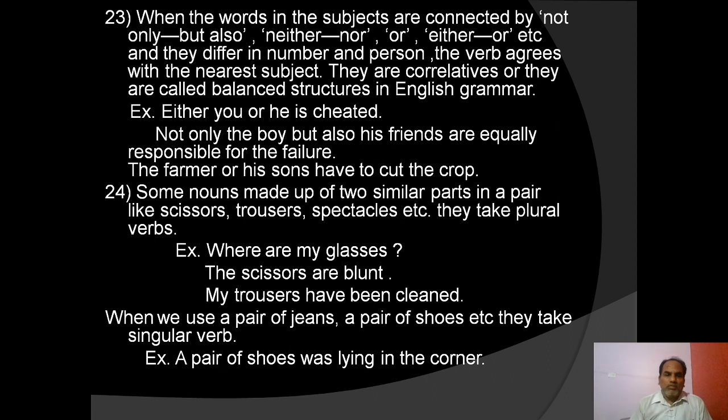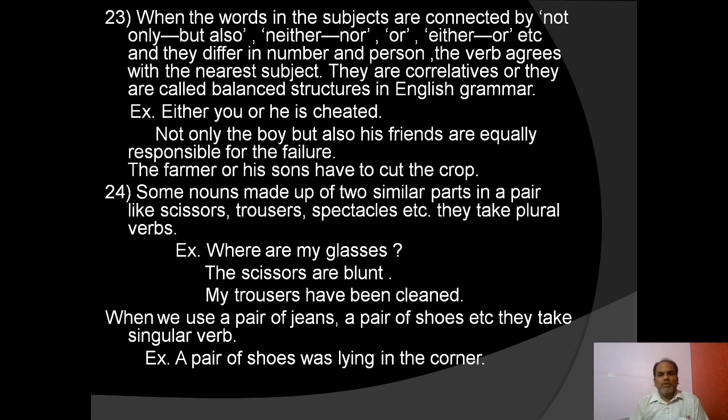Here, which is the nearest subject of the verb have? His sons. So in these situations, not only but also, either or, neither nor, the verb always agrees with the nearest subject.